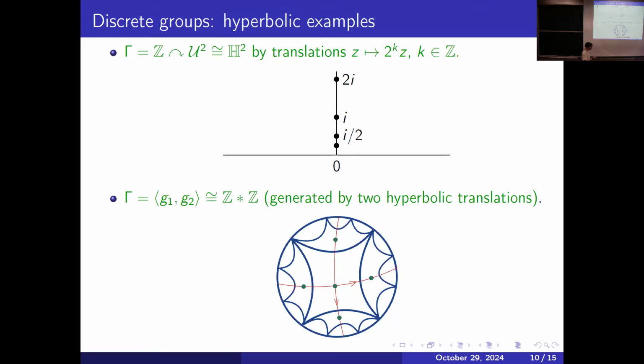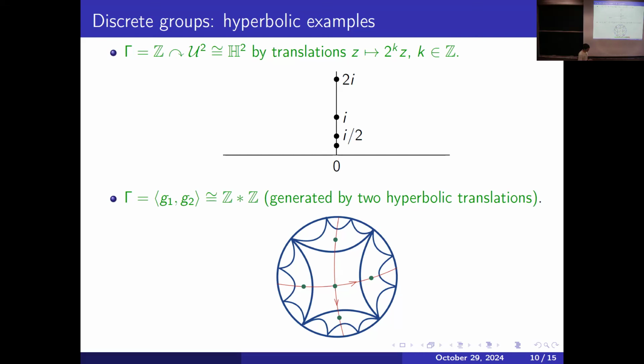And then one can take a translation G1 that maps this blue line to this blue line, and the translation G2 that sends the horizontal to the horizontal line, whatever it means, since these are arcs.